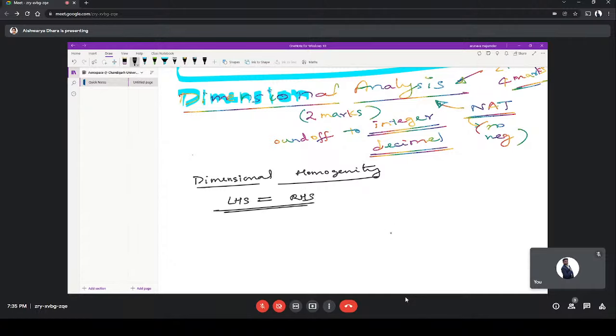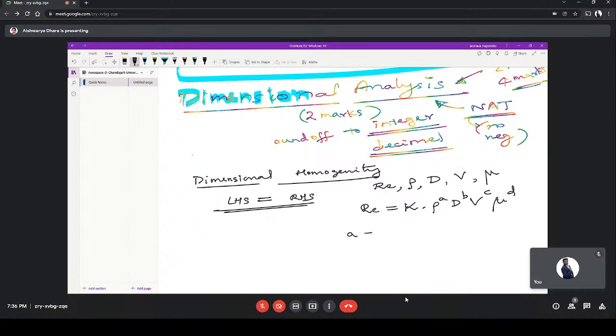Or they might give relations, like the Reynolds number, density, diameter, velocity, and dynamic viscosity, and ask how these are related to one another. Or they might give E equals some constant, rho power a, D power b, V power c, mu power d.